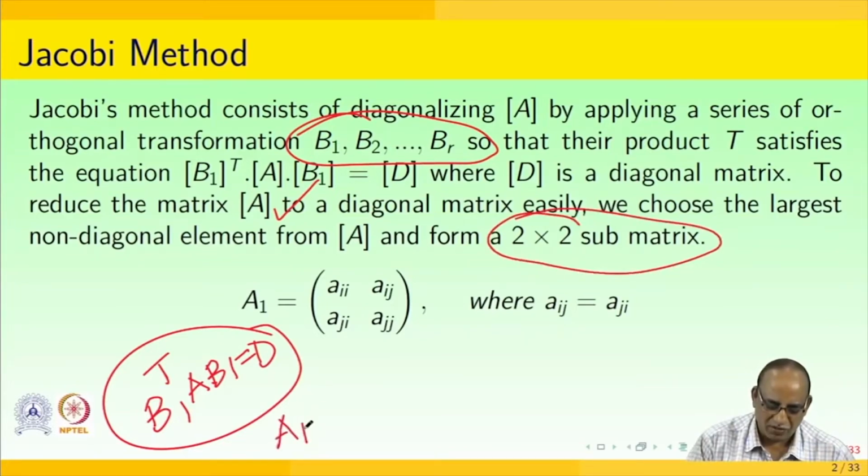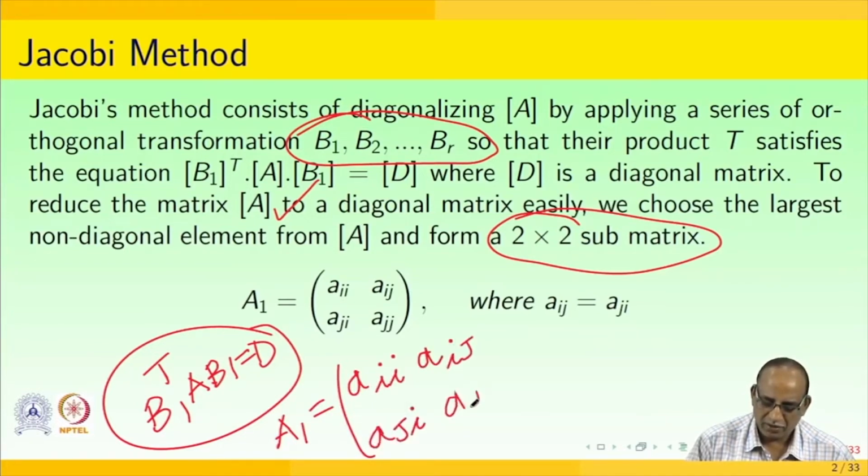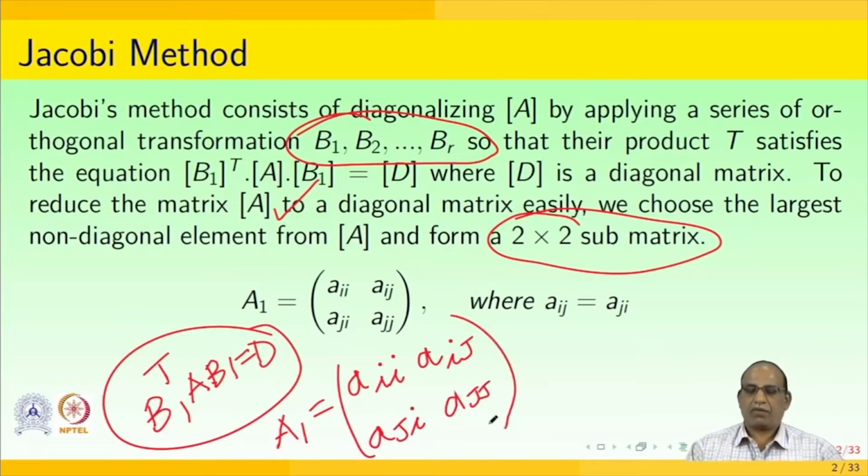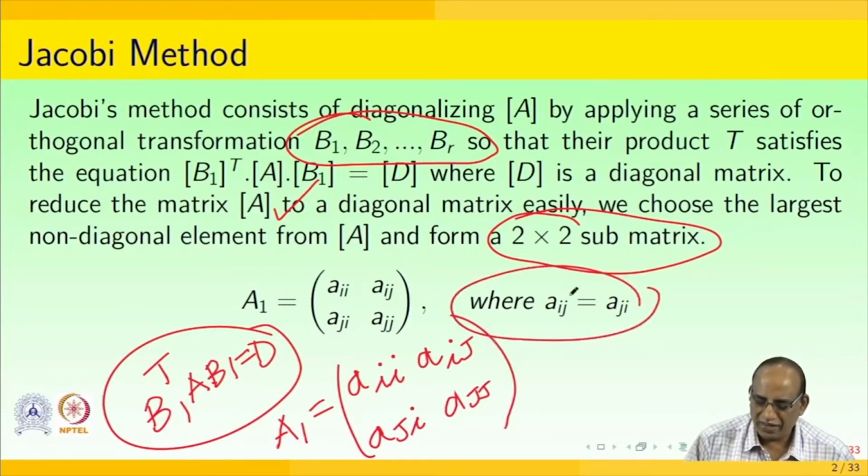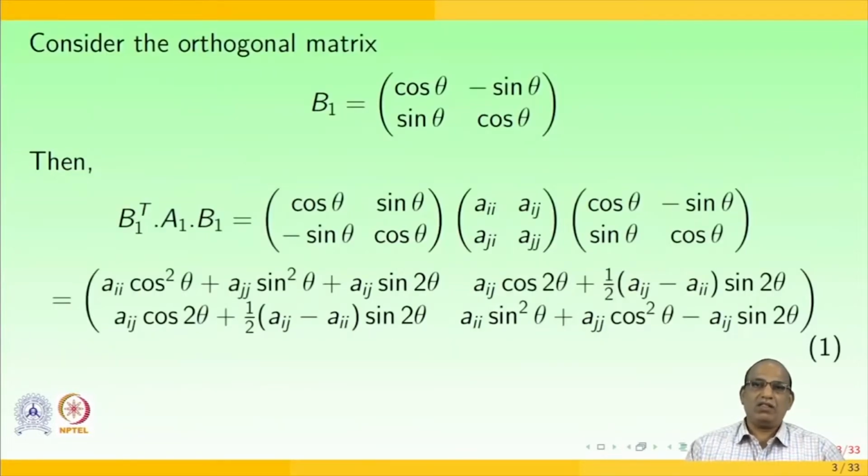So A1 is equal to [AII, AIJ; AJI, AJJ], where AJI is the same as AIJ. Consider the orthogonal matrix B1 = [cos theta, minus sin theta; sin theta, cos theta].